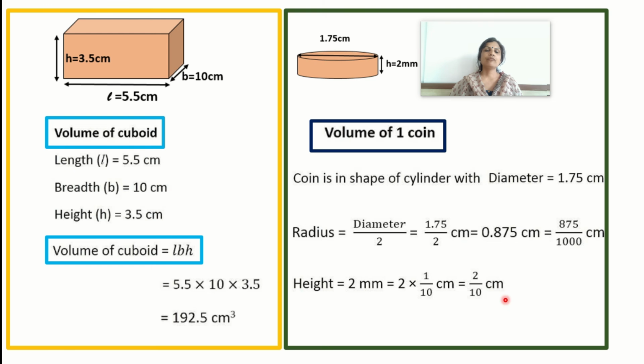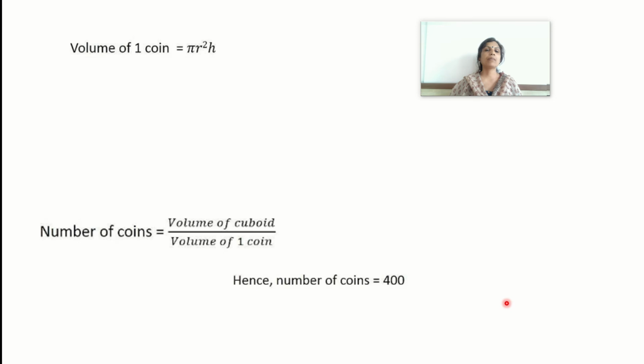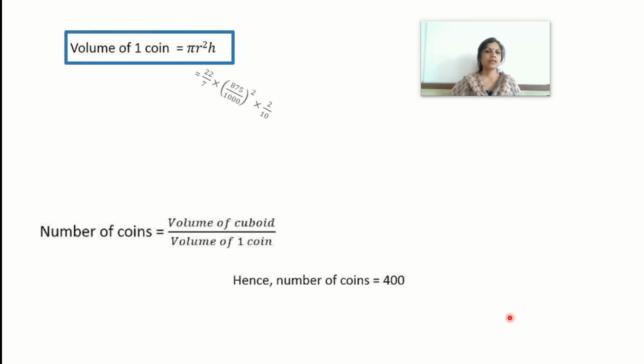Okay, so to find the volume of a coin which is in the shape of a cylinder, our formula is pi r square h. Let's substitute the values. So 22 upon 7 into 875 upon 1000 the whole square into 2 upon 10.